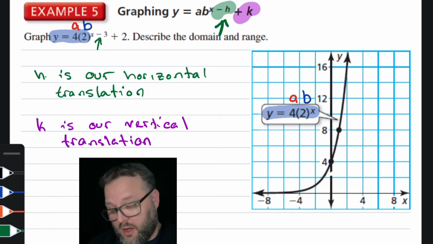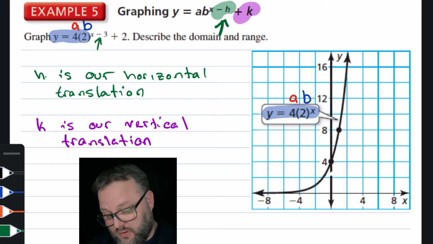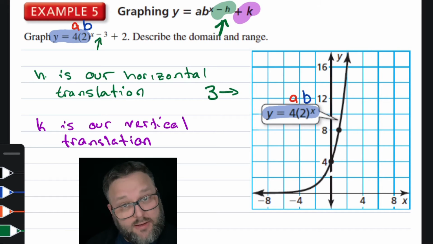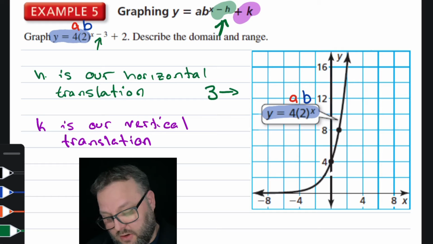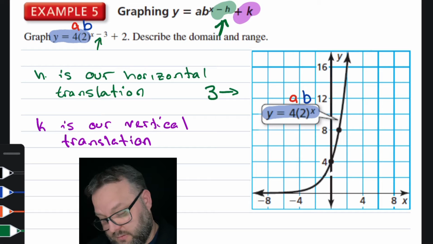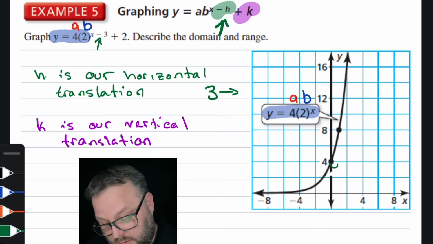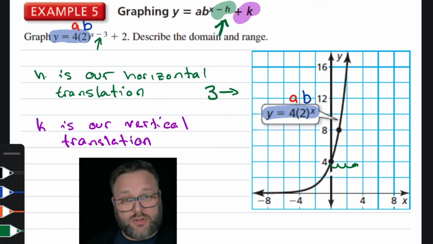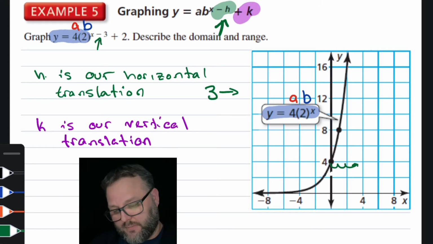What that positive translation of 3 means is 3 units to the right. So I'm going to start, let's say here at 4 and go 1, 2, 3, because currently my scale is 2 units from line to line.